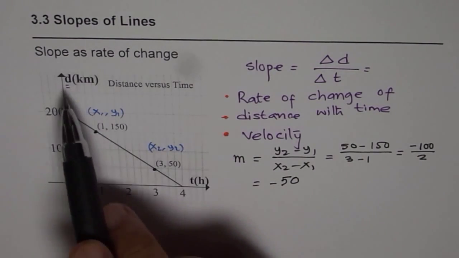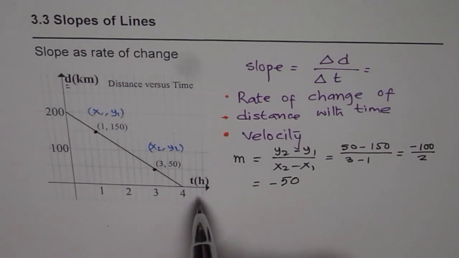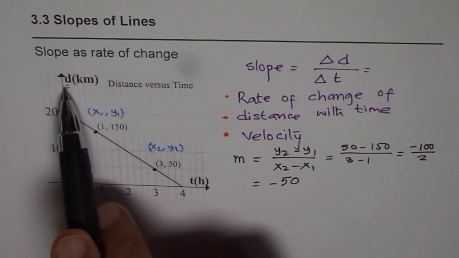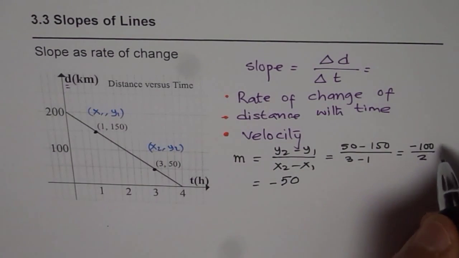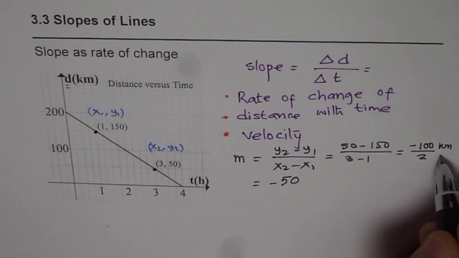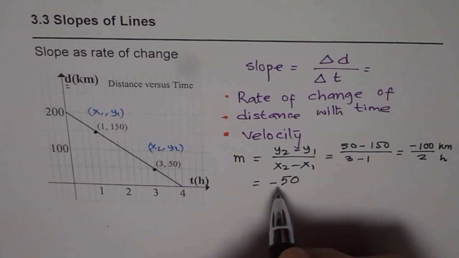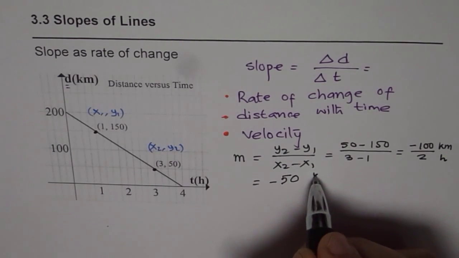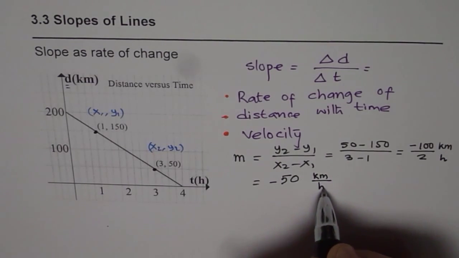Well, when we are talking about distance and time, we also have units here, so it's a good idea to write units also. Distance is in kilometers and time in hours, so this minus 50 we get in kilometers per hour.